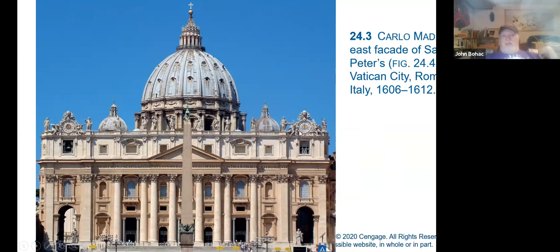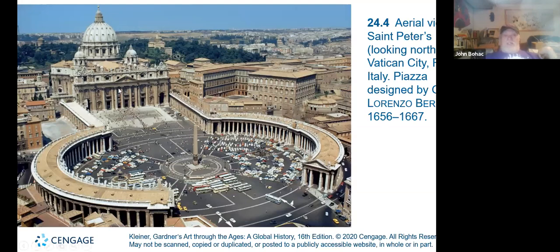Got a clock here, got a clock there. Very symmetrical. Put the obelisk right dead center in front of St. Peter's. And you can see this is 1606, so it's early in the century. And this is the great St. Peter's of the Vatican. And there it is here. And here is the plaza.